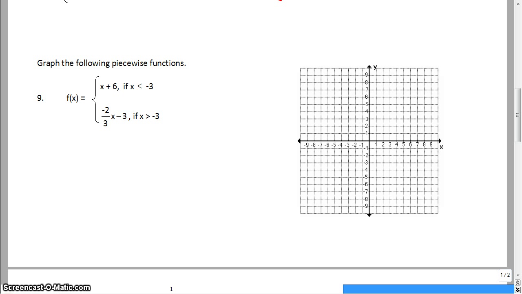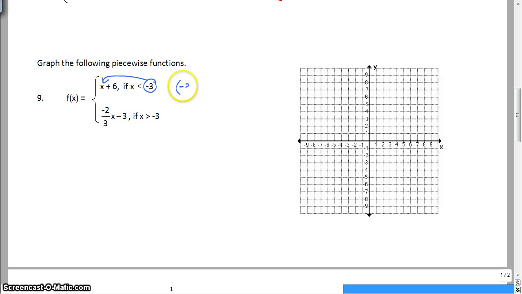It's a little bit more work than is required, but you'll have better results when you're done. So the first thing is you have to figure out where you're going to start each piece. And to do that, all you do is you take your domain and substitute it into the equation.